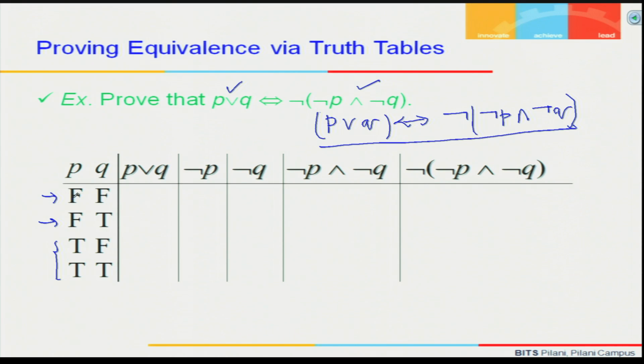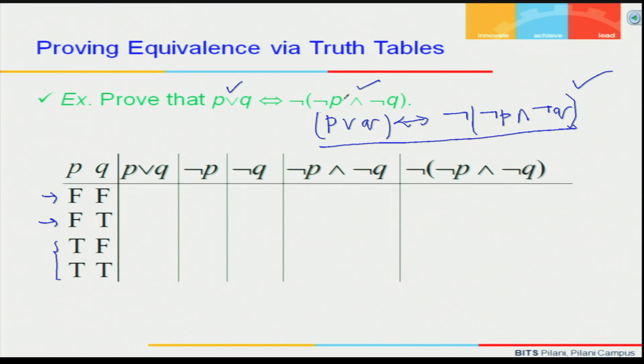For each combination, let us try to find out what value this particular compound statement takes, and if you are able to show that for all possible combinations of values that P and Q can assume, this compound statement is always true, then we can say this is a tautology, and hence these two statements are equivalent.